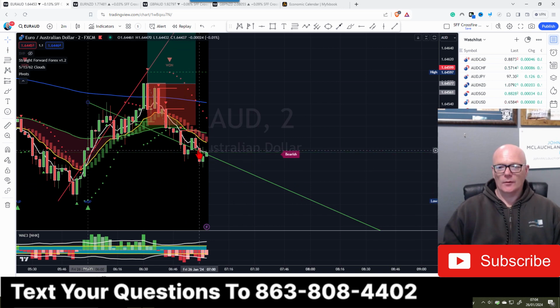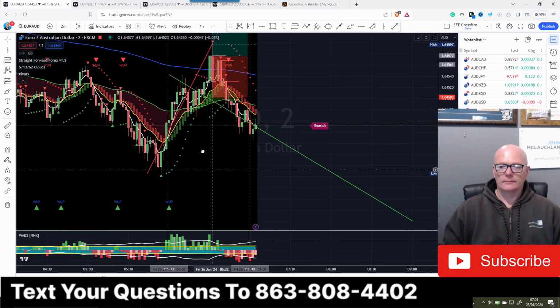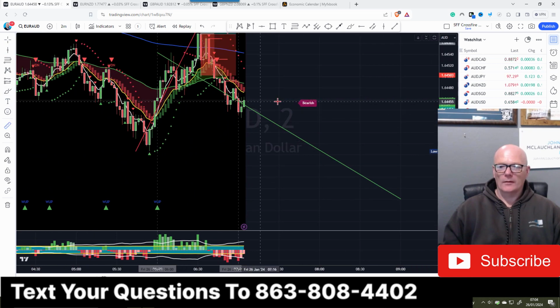Moving averages, we've got the 5, the 13, the 62 and the 200, so they're in order. Not well, I suppose the 62 looks like it could be pointing in the direction of the trend. Let's just measure this.